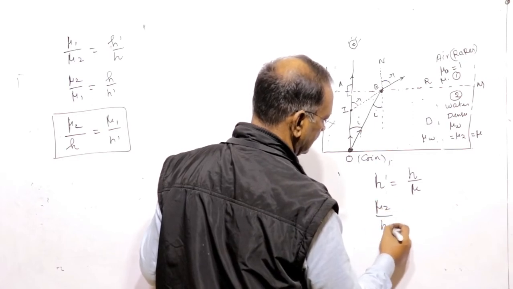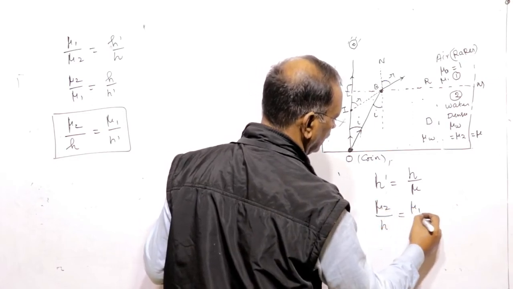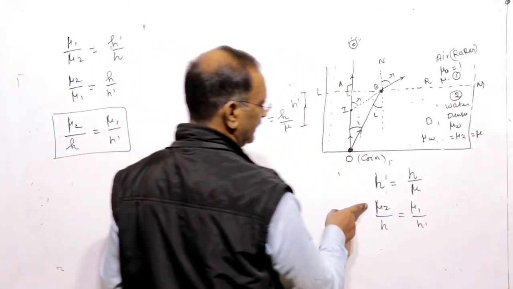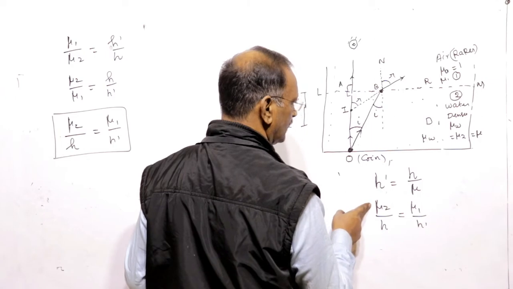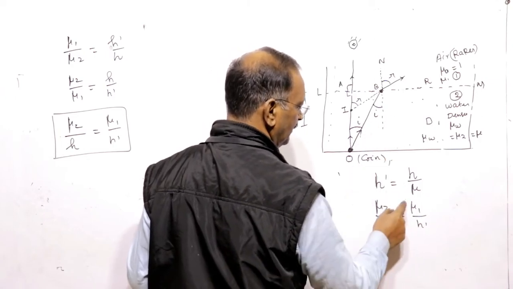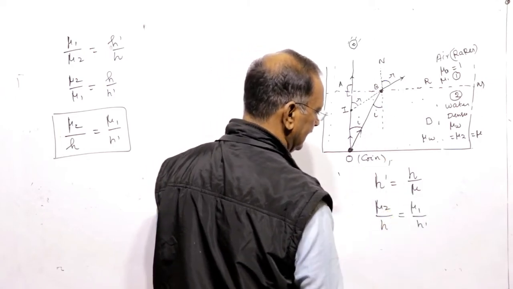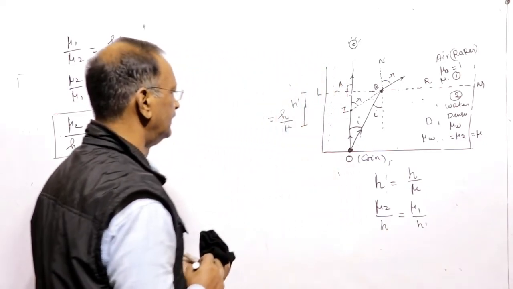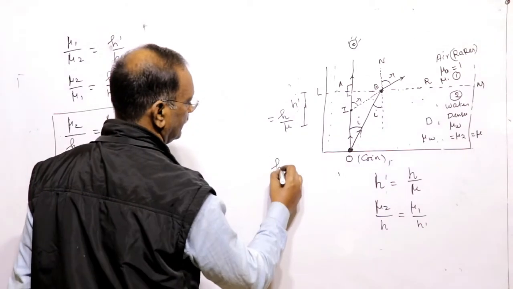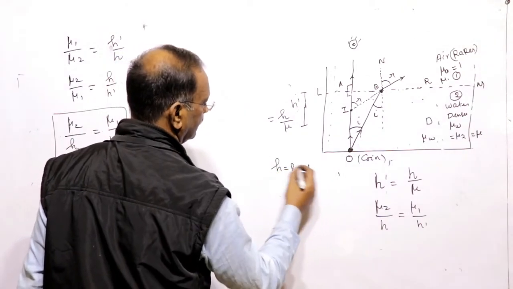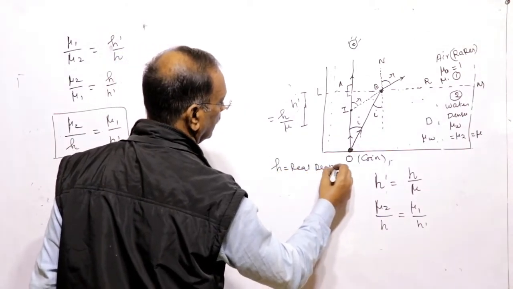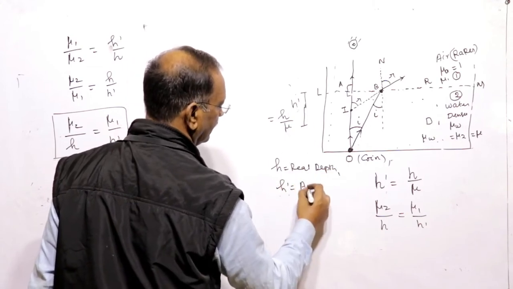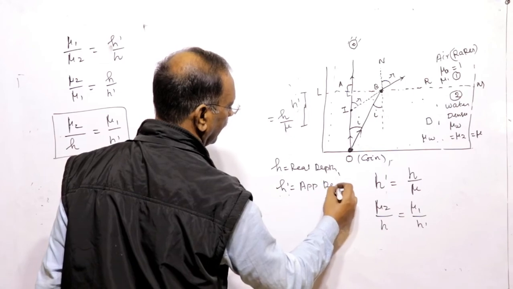Mu2 by h is equal to mu1 by h dash, where mu2 is the refractive index of the second medium, that is water here, the denser medium, and mu1 is the refractive index of air. h is the real depth of the object and h dash is the apparent depth.